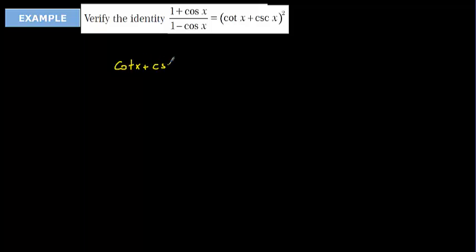cotangent x plus cosecant x, all squared, is equal to what? Cotangent x is equal to cosine x over sin x, and here it's going to be plus 1 over sin x. Pardon, I forgot the square.